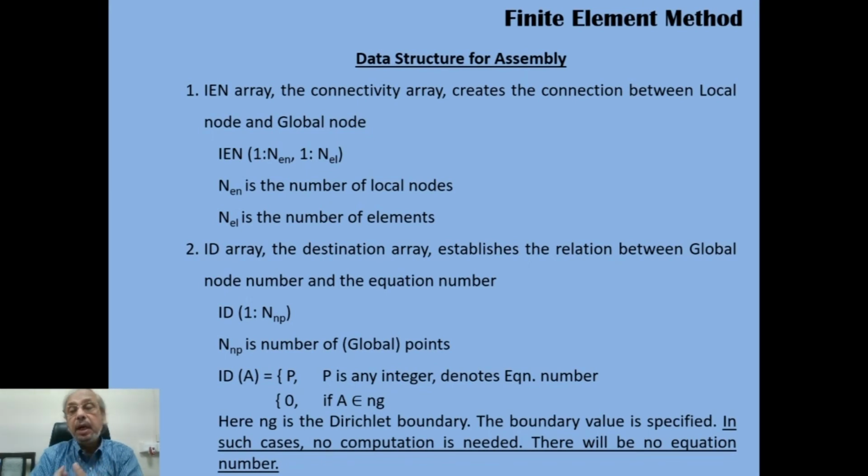Now we can understand that in this entire formulation, the relationship between the local nodes of the elements and the global node number are interrelated, and these have to be identified and stored somewhere, and this will help us to form the global matrix, global unknown vector, and global load vector.